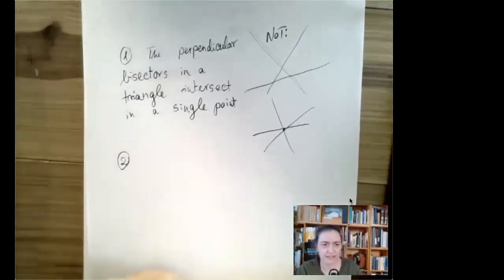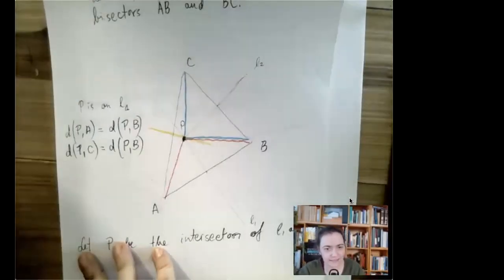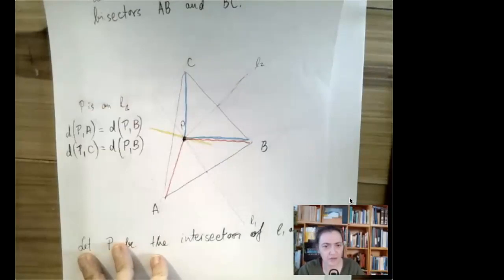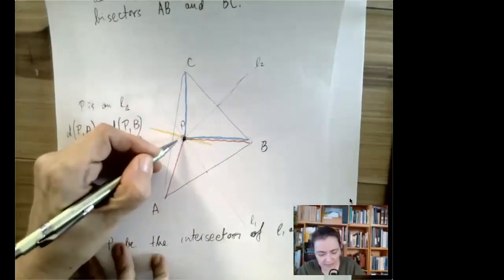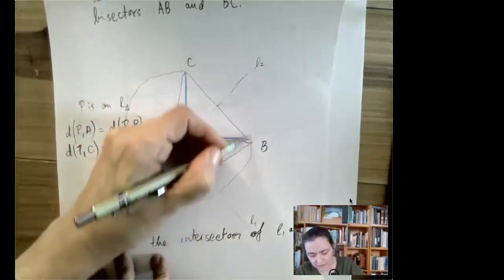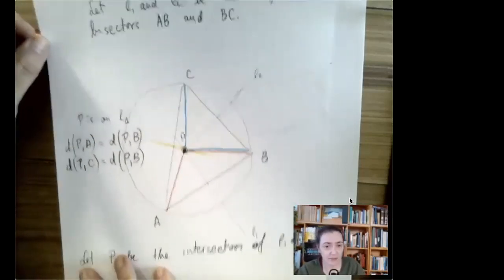The second one is that looking at the situation again from the point of view of P, from P, all three of A, B, and C are at the same distance. So if we make P the center of a circle with this radius, that circle will contain all three points. And we didn't use anything about the triangle.